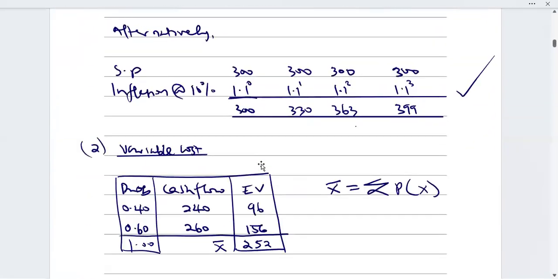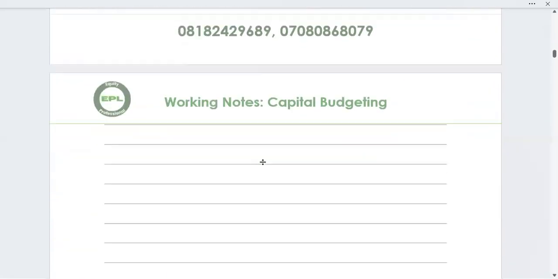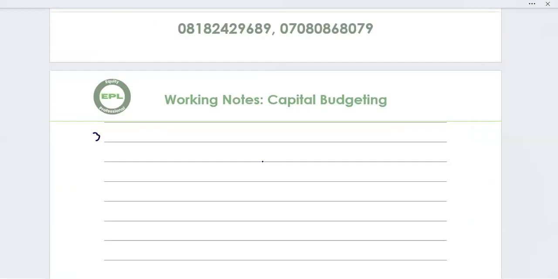So we are told according to the question that 5,000 units will be lost at a contribution of 75 naira. So what do you have there?